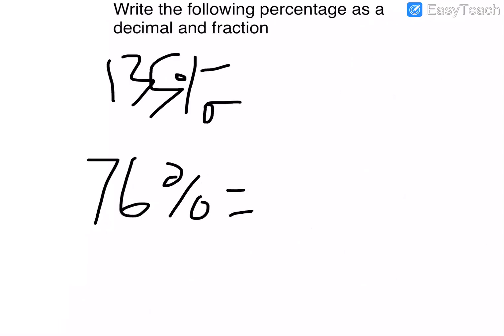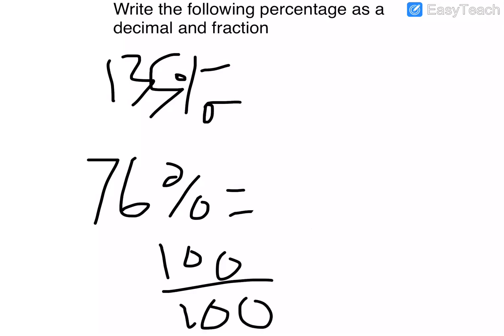Okay, moving on. Now it's asking you to write the following percentage as a decimal and fraction. Now you're doing the opposite. So if there's 135%, it's already 100 out of 100, but there's 35 more.